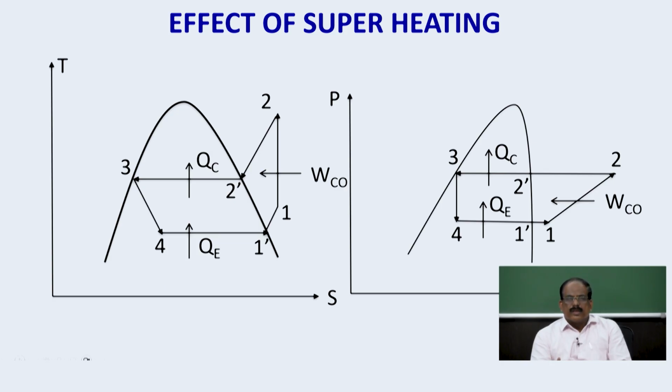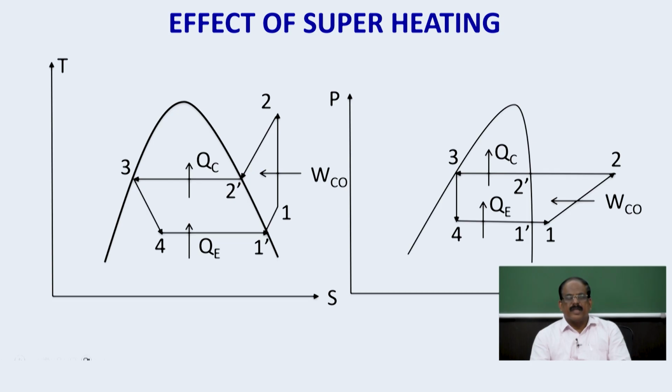Due to this, it is desirable to have a few degree of superheating when the refrigerant is exchanging heat with the refrigerated space. Like how it is desirable to have a few degree of subcooling, it is desirable to have a few degree of superheating.